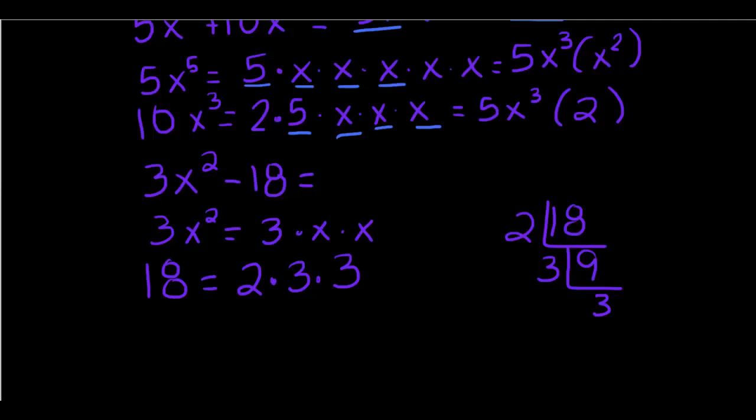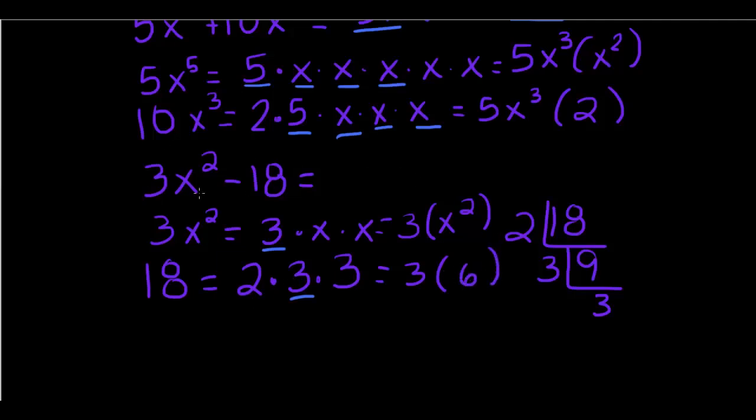Now, let's take a look at what's common amongst them. Well, both of them have 1, 3. That's it. This one has 2 x's, but this one doesn't have any. This one has an additional 3, but this one doesn't. This one has a 2, but this one doesn't. So then that's it. So the common factor is going to be 3. And I'm going to rewrite this as 3 times x squared. And this one is going to be 3 times 2 times 3 is 6.